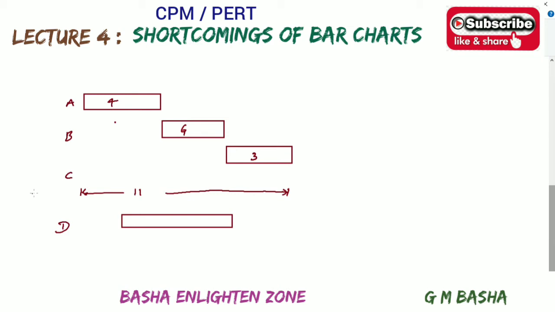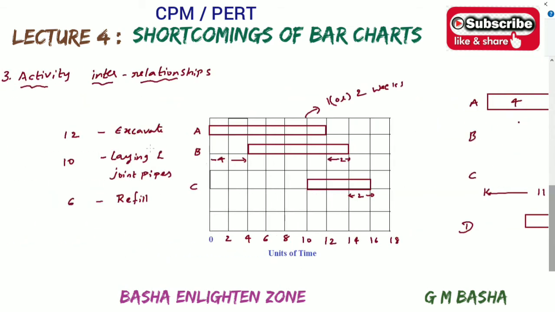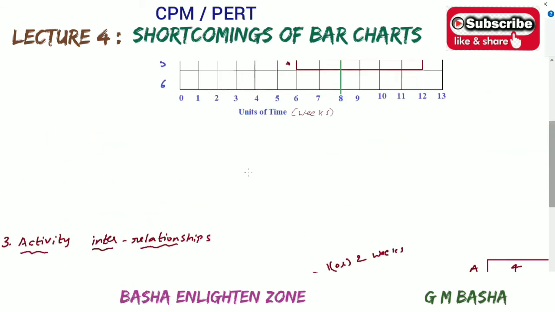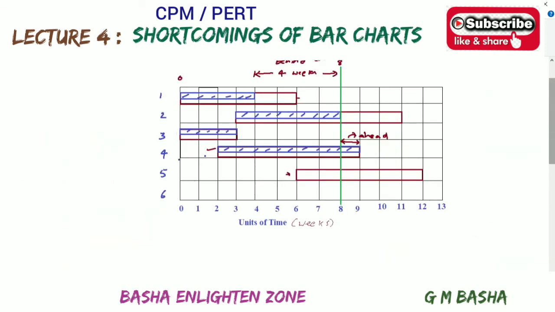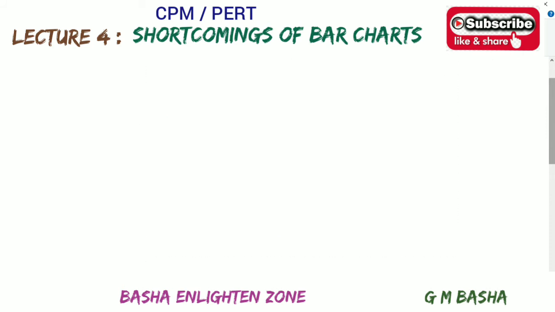And if you observe this example, excavate the trench will take around 12 weeks, laying and jointing pipes 10 weeks, and refill 6 weeks. If you arrange them serially, after completion of activity A, excavating the trench, around 12 weeks, B will be started, that is 10 weeks.